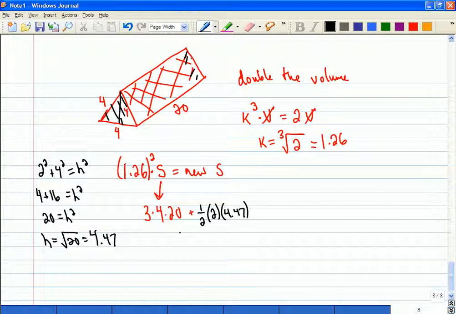So I end up with 244.5 centimeters squared. So as I said, to get the new surface area, it's going to be 1.26. Surface area is 2 dimensions, so I'll see it twice, times 244.5.